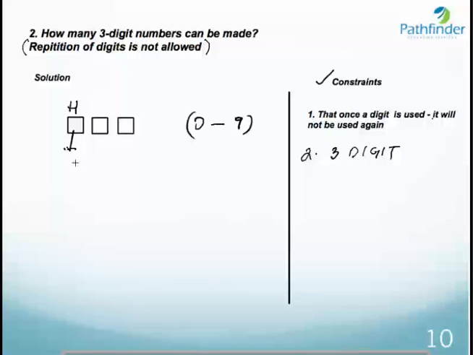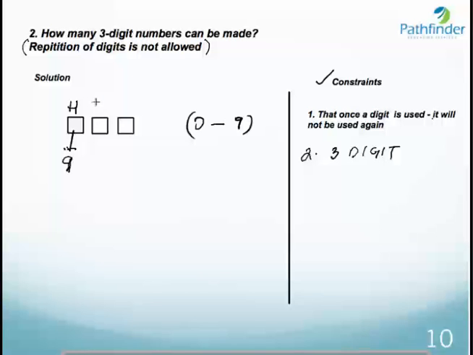So how many digits can occupy the hundreds place? We can see that all the digits from 0 to 9 except 0 can occupy. So the number of choices we have to fill the hundreds place is 9. Now one digit has already occupied the hundreds place, so it is not available to us for any further placement of digits.